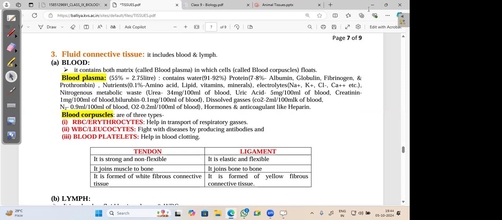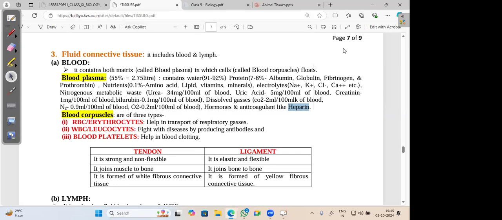Do you see this heparin? Can anyone tell what is heparin? It is a protein.